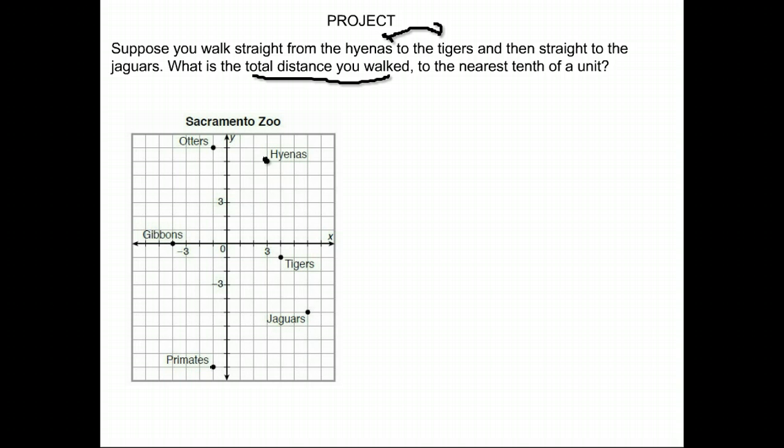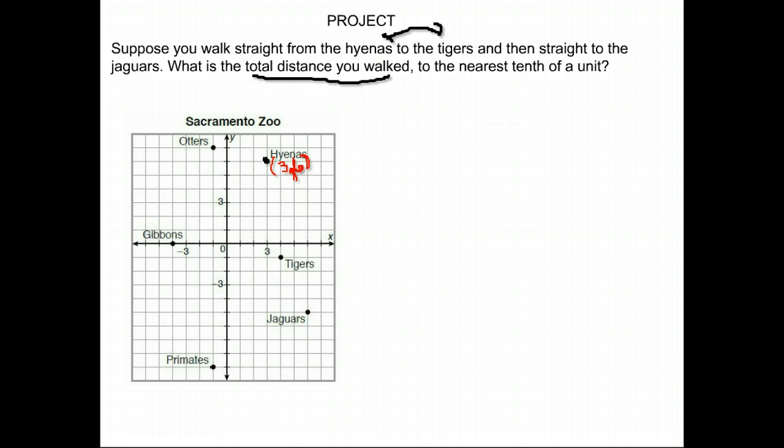So what point is that on the graph? The x and the y for that point, what are they? Okay, so it looks like it's over 3 and up 6. So it would be the point (3, 6).